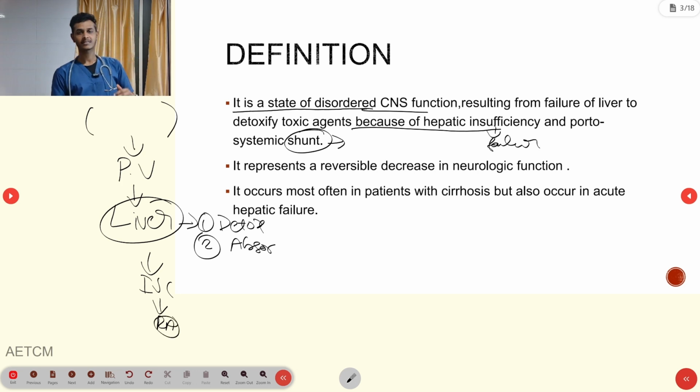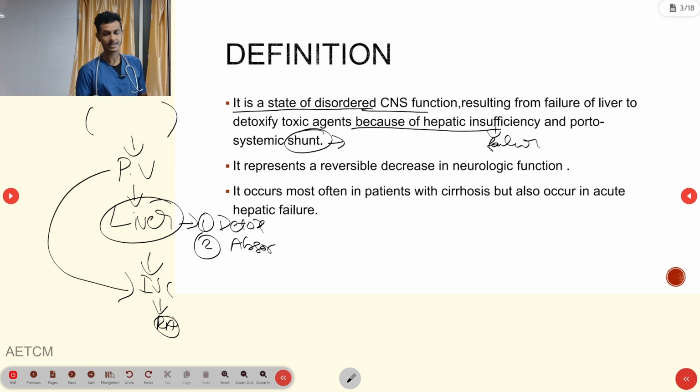This is the circulation that happens in the gastrointestinal tract. Whenever a portosystemic shunt happens, that blood bypasses or is deviated from the liver and drains straight into the inferior vena cava to the right atrium. So it is bypassing the liver.